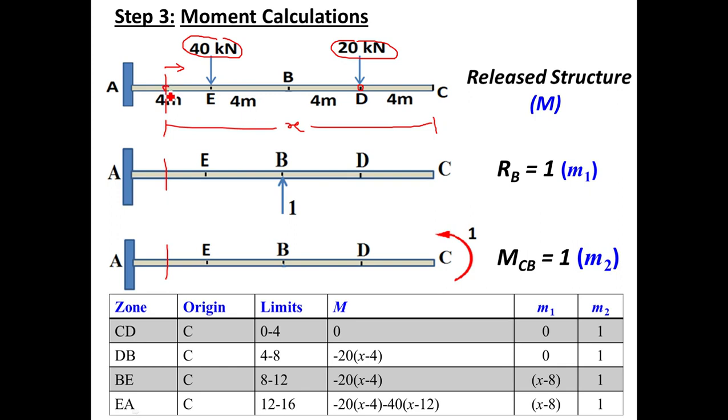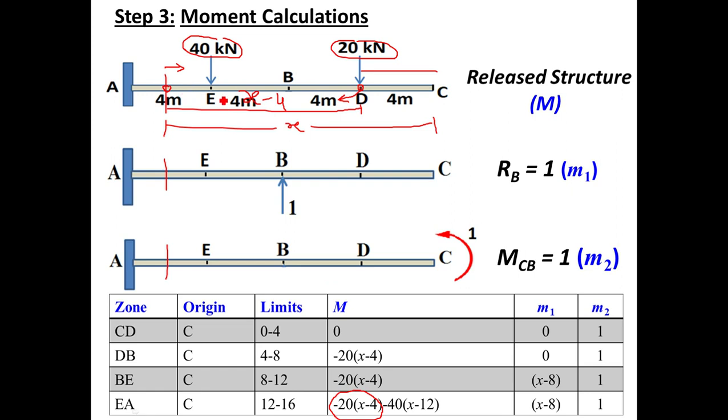We are taking the moment here, so this is the perpendicular distance. If you minus this distance 4 from x, we'll get x minus 4. So the moment of 20 is again 20 into x minus 4, clockwise, so it is minus. So minus 20 into x minus 4, the first part of the moment.